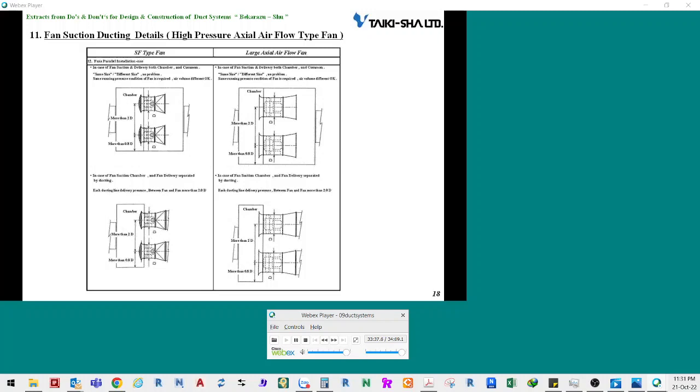This is caused by insufficient duct design, which reduces the speed of fan revolution and changes the wind pressure imposed on the blades. The above explanations are based on the do's and don'ts for design and construction of duct systems.